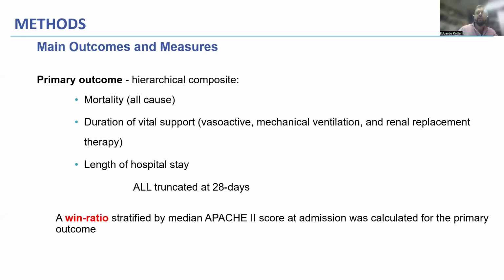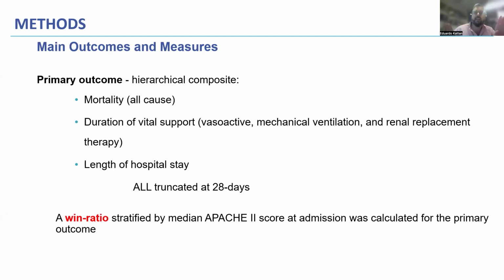That's basically what we tried to do: compare all patients in the control group to all patients in the intervention group and check them on the first outcome, let's say mortality. If the first outcome was a win for one, it was counted as a win for that one or a win for the other. But if there was a tie, let's say both patients survived, then we checked the second outcome, which was duration of vital support.